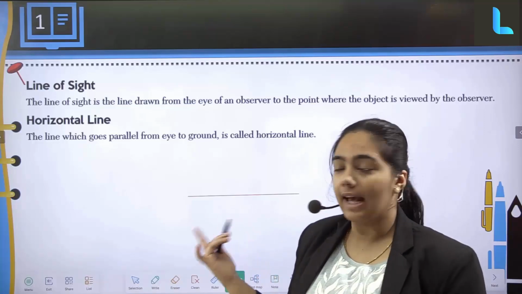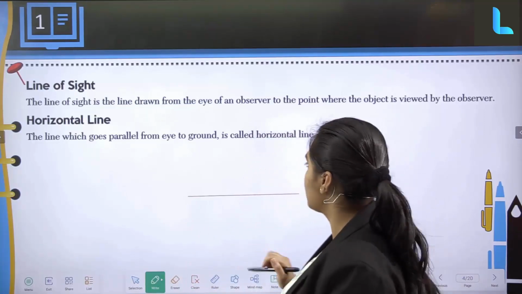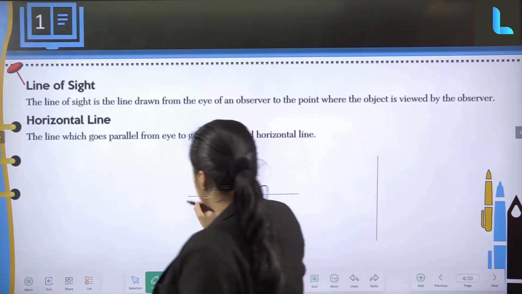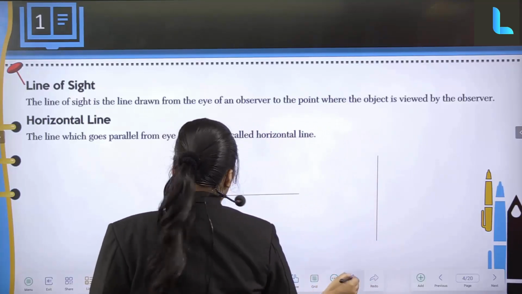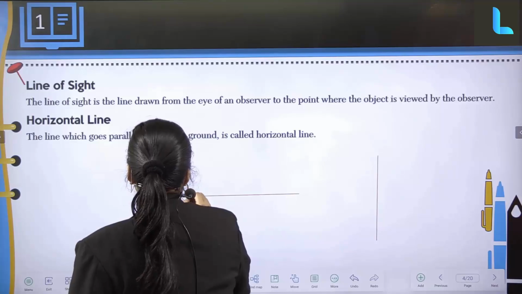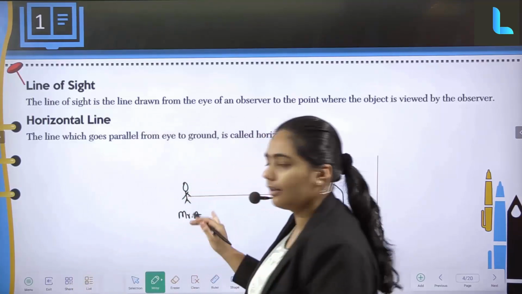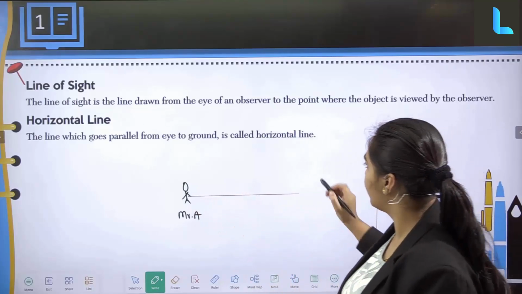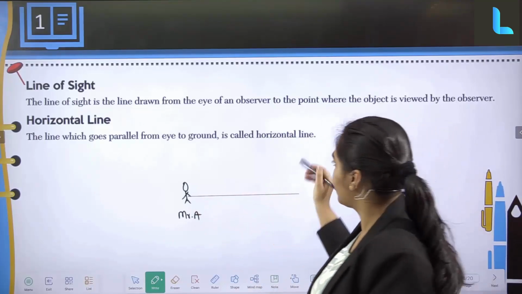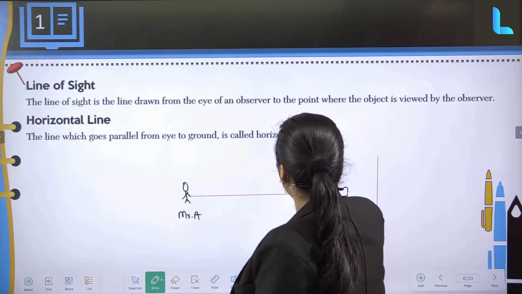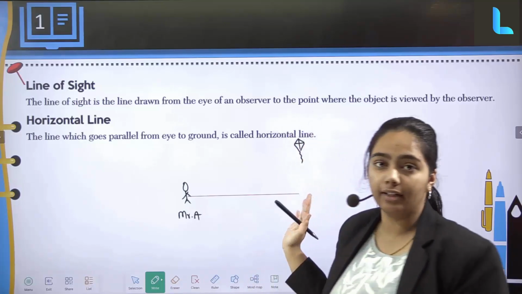So what do you call line of sight? Suppose let me consider that person A, Mr. A, is standing over here, and he is flying a kite. Let me consider this to be the kite.